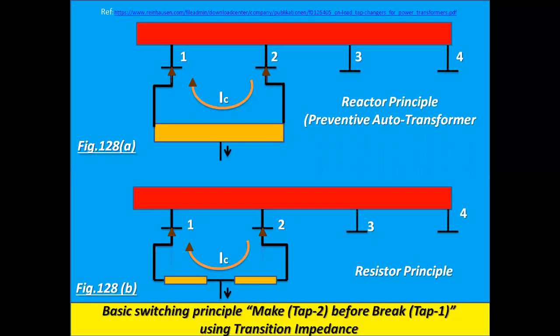Now see the diagram. Basic switching principle: make tap 2 before break tap 1 using transition impedance. One is the reactor principle, that is using a preventive auto-transformer. Another is the transition resistor principle.